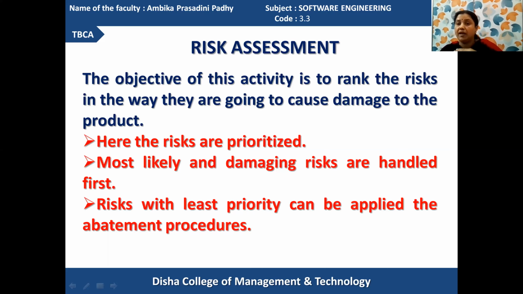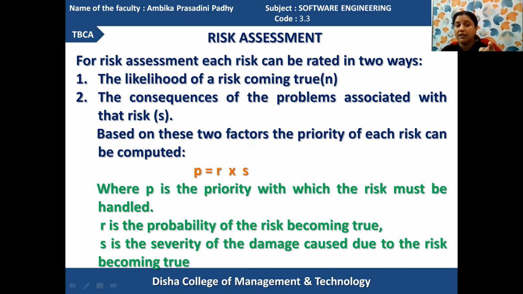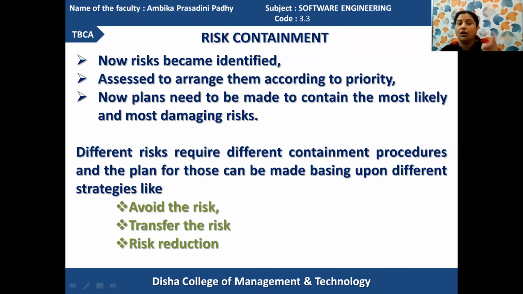If it provides a little less harm, then it is the next priority. In this way it leads to the least priority if it provides less harm to the product. According to the priority, the risk will be contained first and removed, either by avoiding the risk, transferring the risk, or using risk reduction processes.